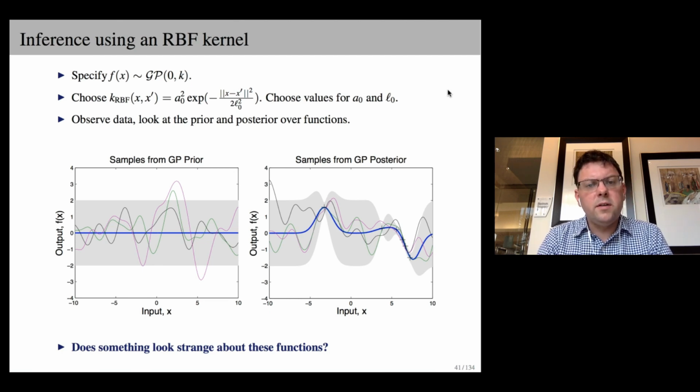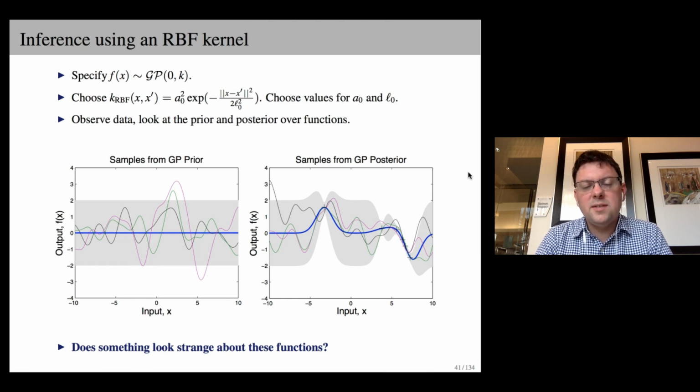So let's consider the distribution over functions that we get when we have particular settings of our length scale and our amplitude parameters, L0 and A0. Here we have our sample prior functions and our sample posterior functions. Pause the video for a moment and think about whether these sample functions look strange to you in some way.